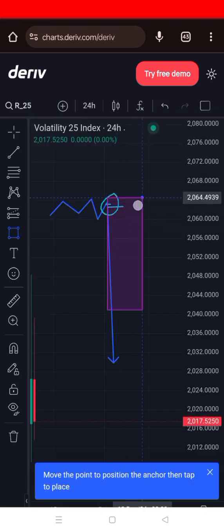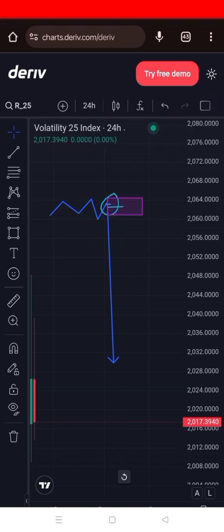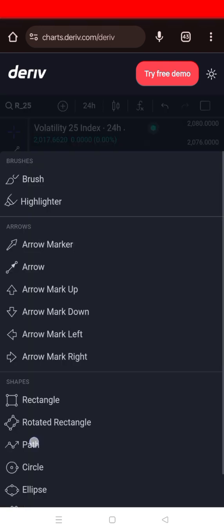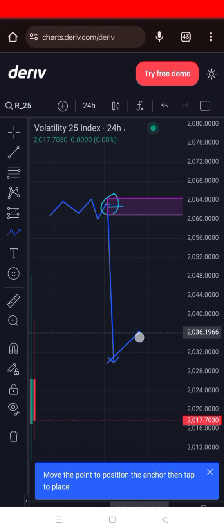That now becomes your supply zone. And whenever the market reaches that area, after that long spike, the market will have to change direction towards your direction, which was currently a downtrend. So the market moves, and when it reaches that point, it goes down.